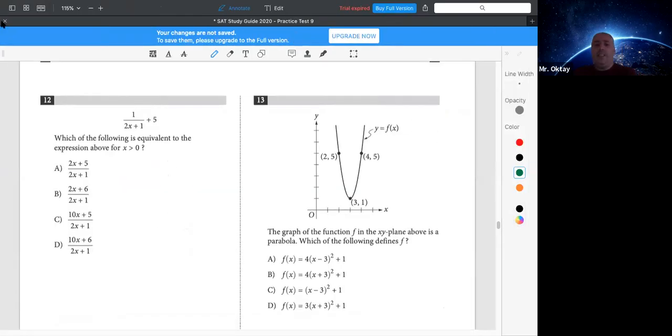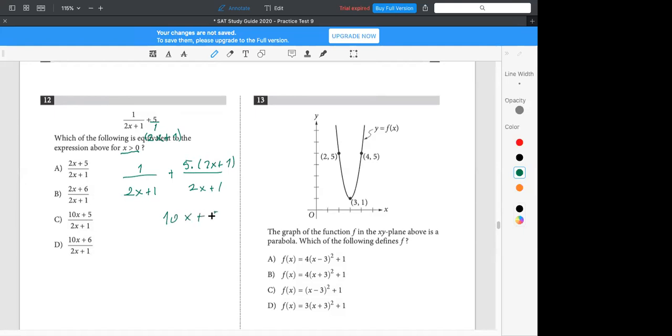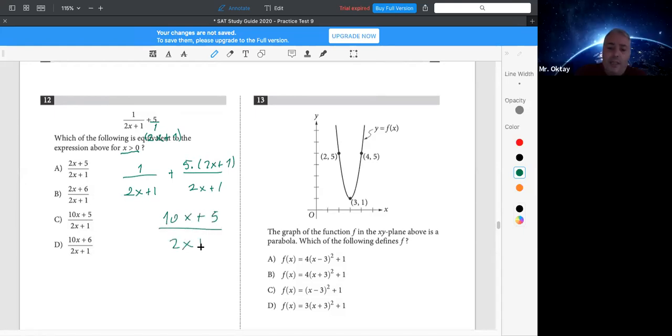Now, the question is, which of the following is equivalent to the expression above, where 4x is greater than 0? Just equalize the denominator. How can you do this? If you multiply 1 over 2x plus 1, plus 5 times (2x plus 1) divided by (2x plus 1), it will be 5 times 2x, 10x plus 5, divided by 2x plus 1.